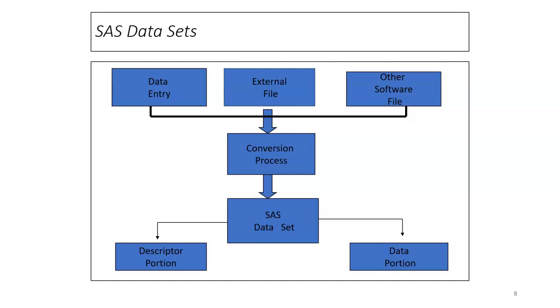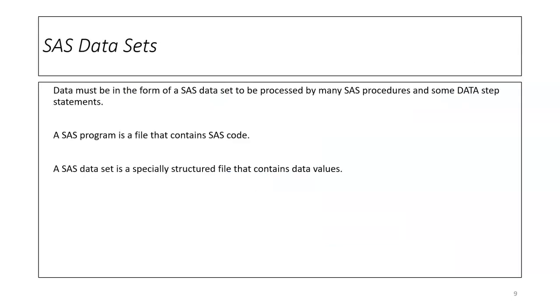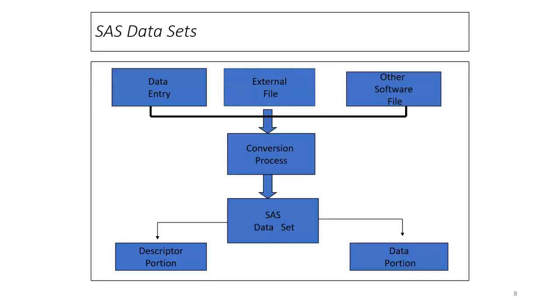In the descriptor portion, we can view the different components, such as when the dataset was created, what version, what engine we are running, how many observations and variables there are, and everything about that dataset. In the data portion, we can see the observations, that is, the data values.